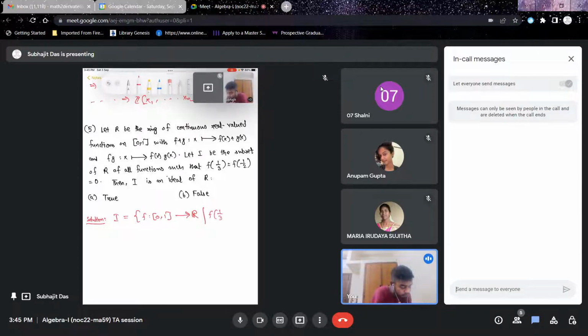It should map 1/3 to 0, and it should map 1/2 to 0, right? So you are basically asked to find whether I is an ideal of R. The ring is R. You are just asked to find whether I is an ideal. So what do you think?